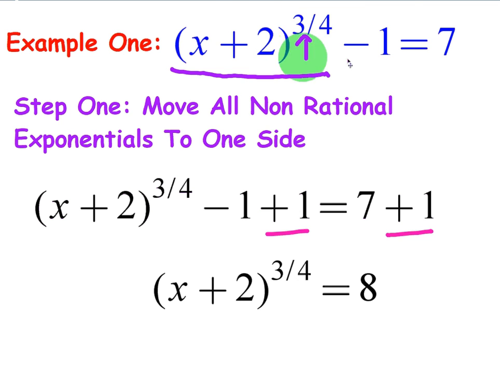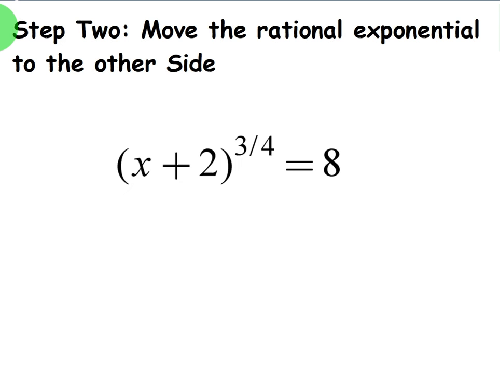But it is an equation that has an exponential expression in it. So I don't want to confuse you too much with that. Anyway, that's the best way I could come up with to explain this expression. It's an expression that has a fractional exponent. So in this step, we're moving anything that isn't that expression. So just this plain old 1, we're going to move it to the other side. And now we have (x + 2) to the 3/4 equals 8. Apologize for any confusion that may cause.